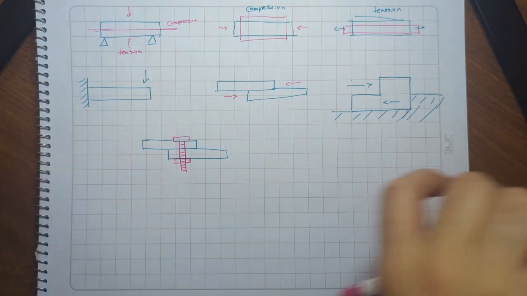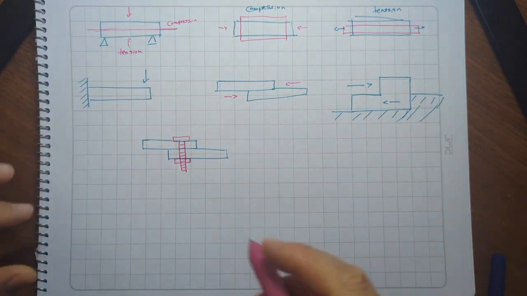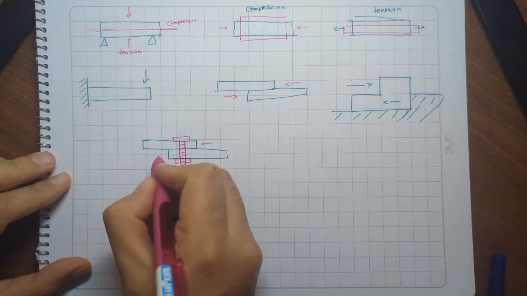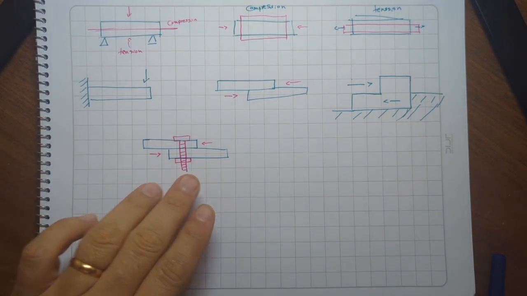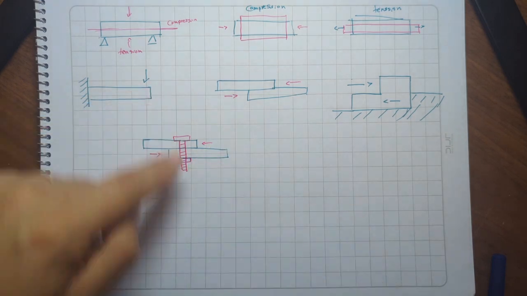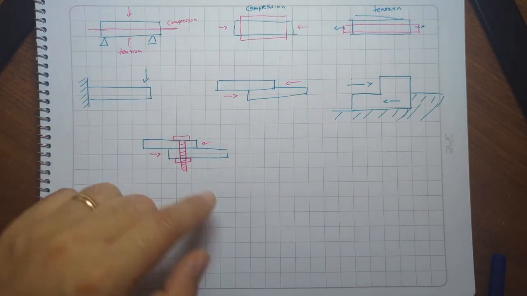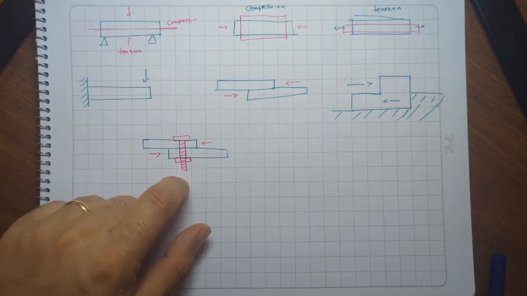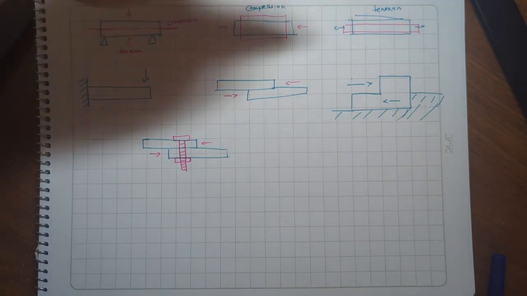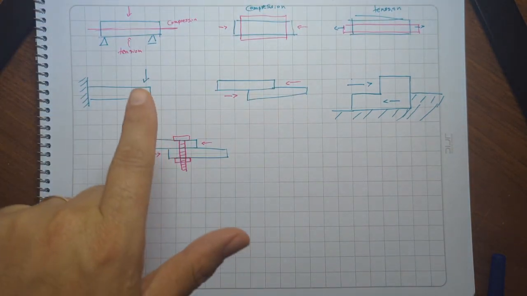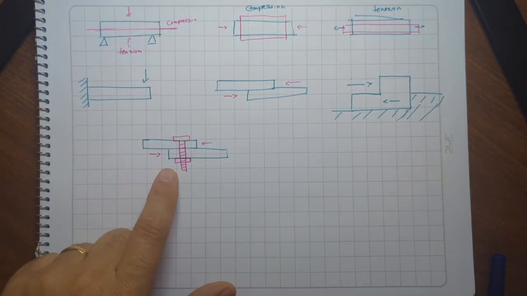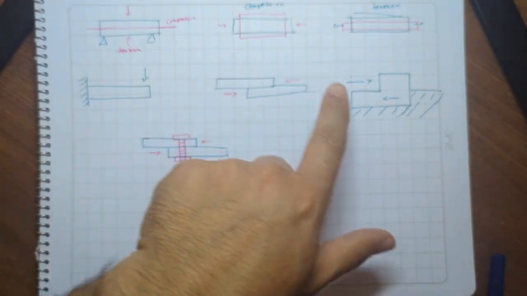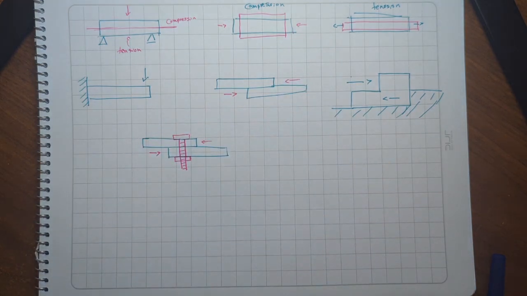Because this doesn't break. This doesn't go far away. So it is going to have shear stress. Shear stress is perpendicular to the object's axis, but the compression and tension stress is applied along the axis. Okay, perpendicular versus along the axis.